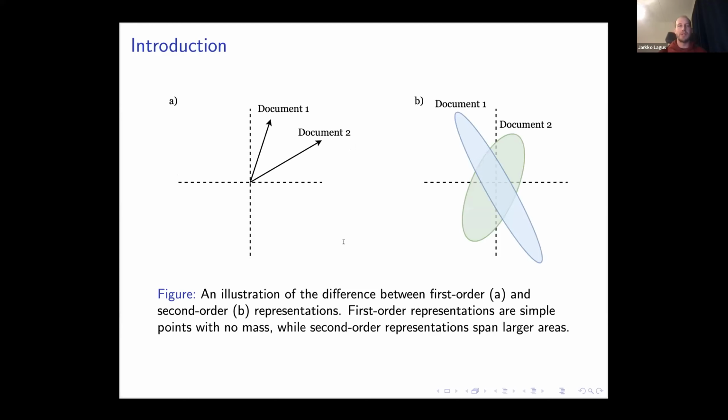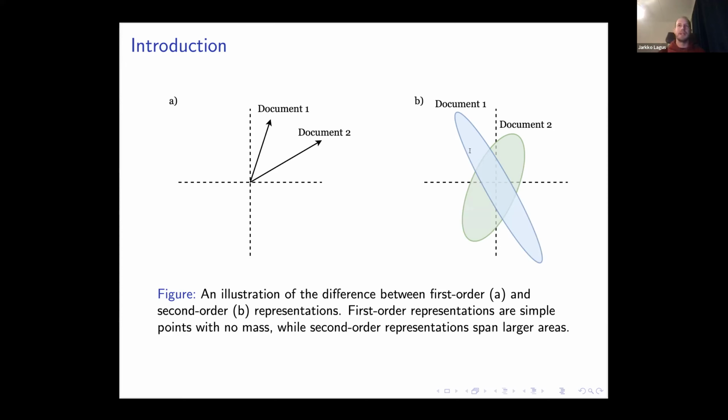So, just a quick introduction to what we mean when we say first order and second order metrics. When we represent documents in the first order way, we are using just vectors which have only point mass, and we compare the location of these points.